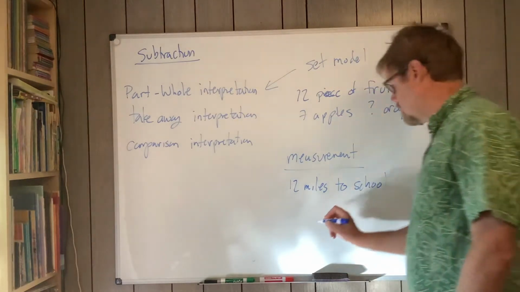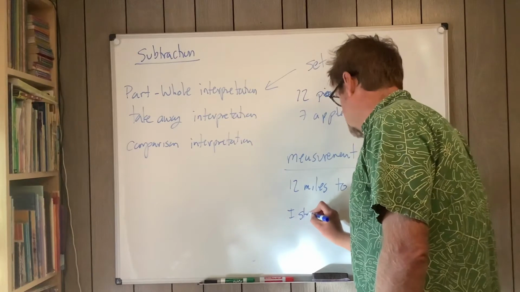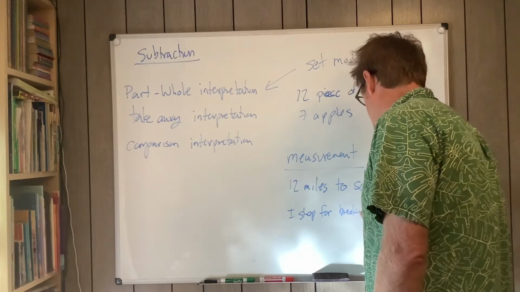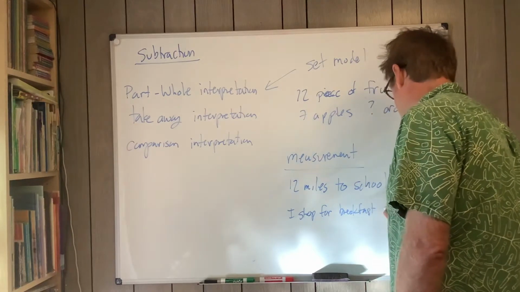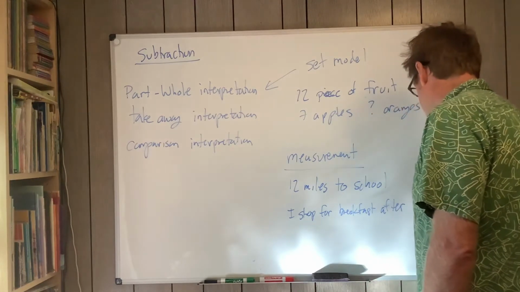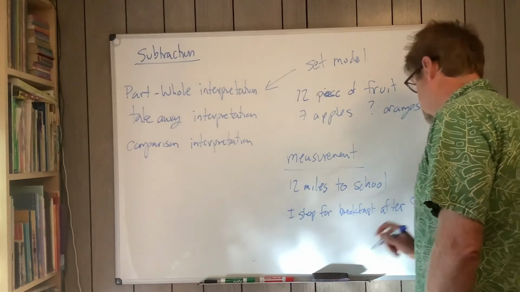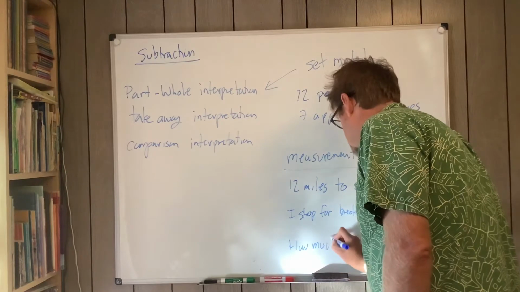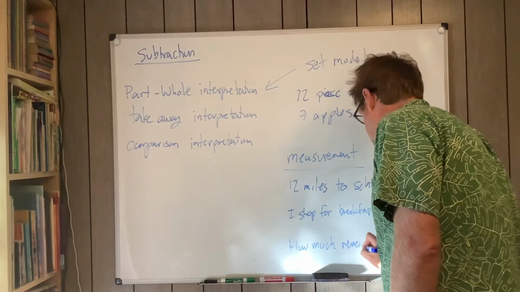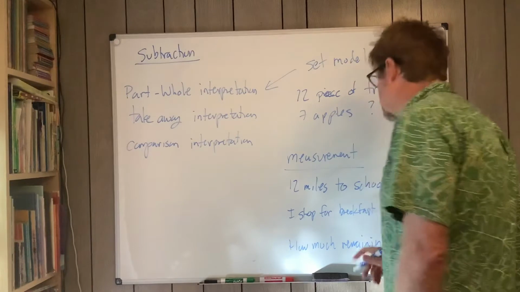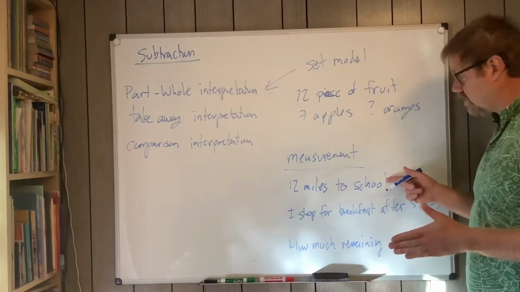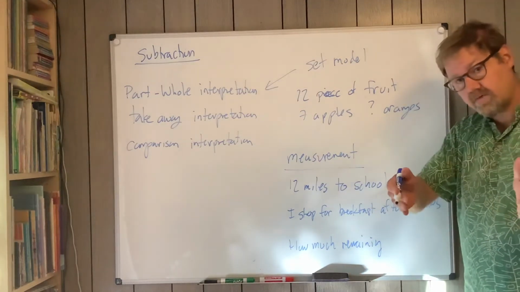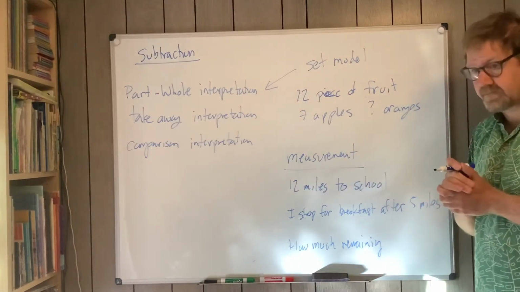I stop for breakfast after 5 miles, 7, how much remaining? Okay. So again, this is part-whole because I know how far it is total to school. I've gone part of the way there. How much is left?